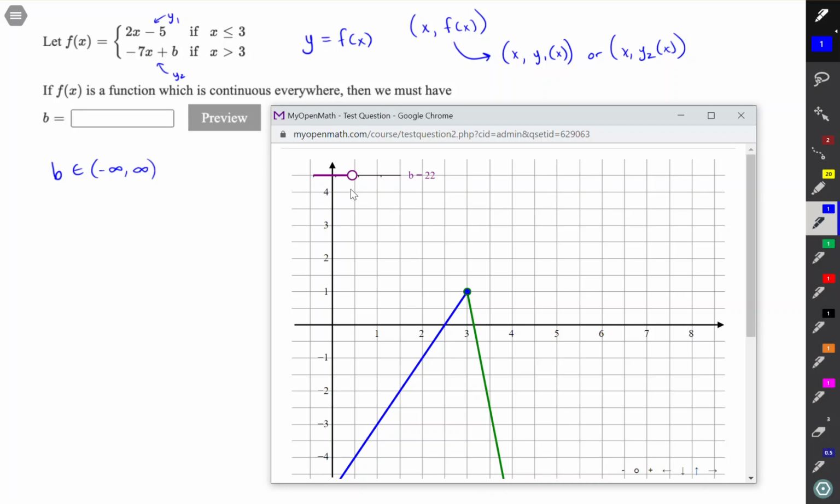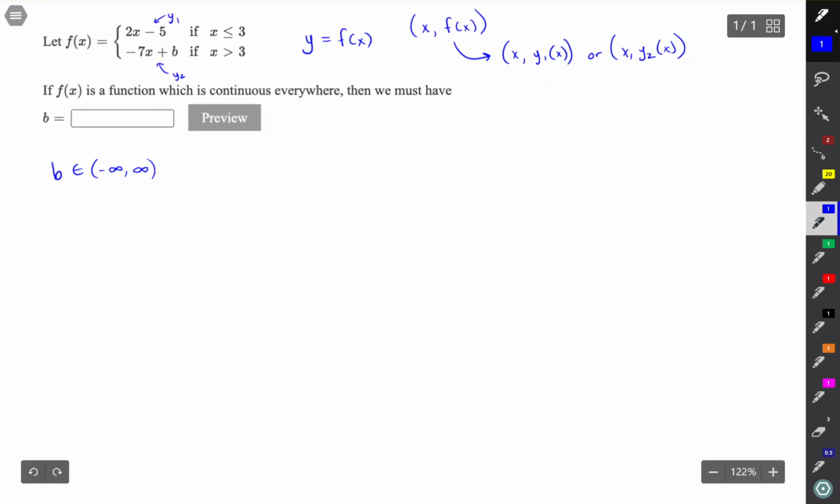So let me move my value of b here. So I want to know where this point is in the blue. So in order to determine where that point is in the blue, I'm going to come over here, and I know it's where x is 3. So I'm going to let x equals 3, and then I'm going to plug that into f of x.